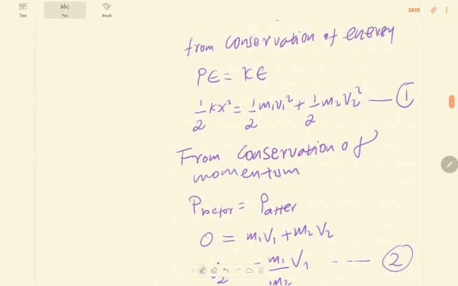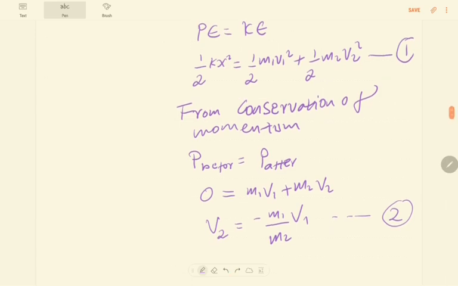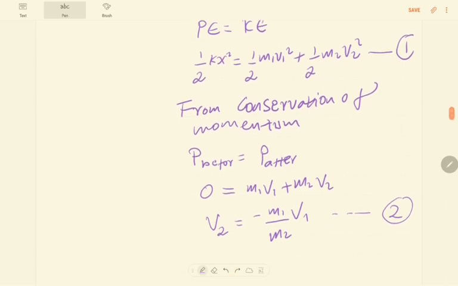With direct substitution of v2, it would be easy to find the velocity of each block after the moment of release.